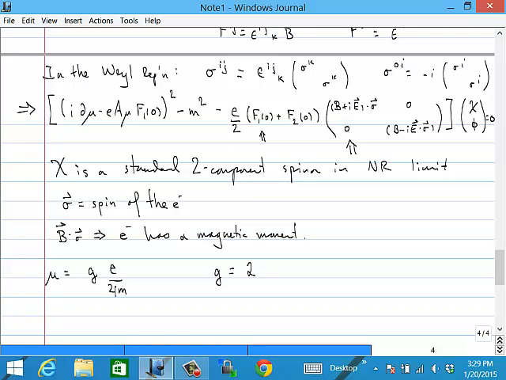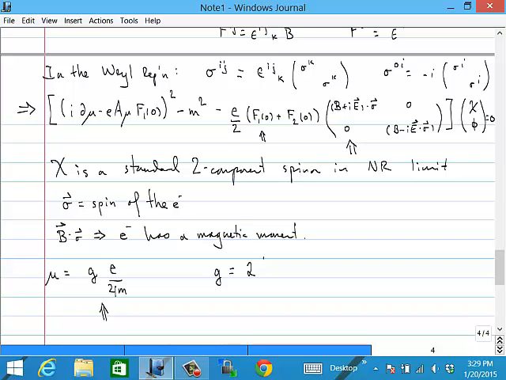F1 of 0 is just part of the electric charge, then in classical electrodynamics, in the classical equation describing the coupling of the electron to some background electromagnetic field, the magnetic moment is described by this quantity here with G equal to 2.